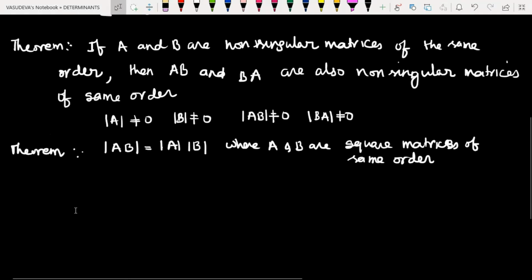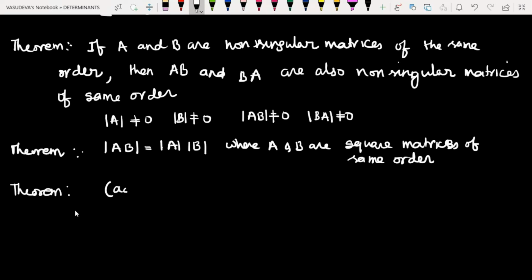Then we have the theorem from the earlier concept of the adjoint of a matrix.